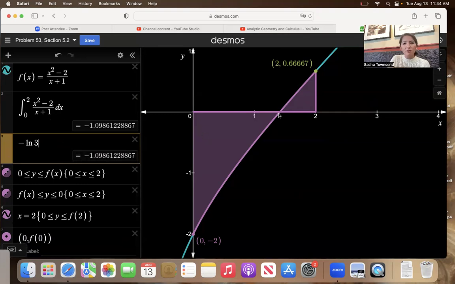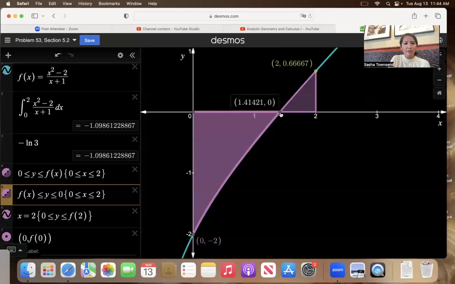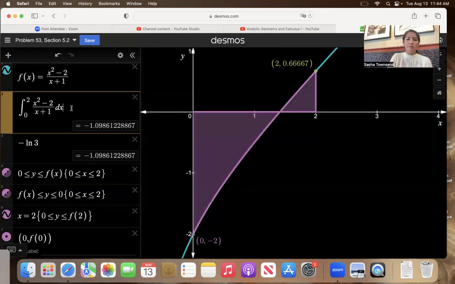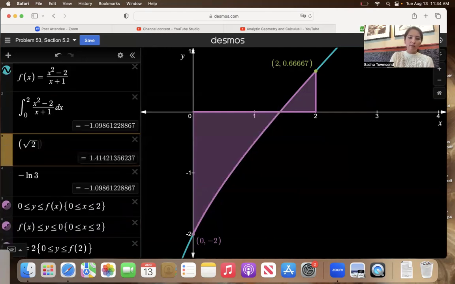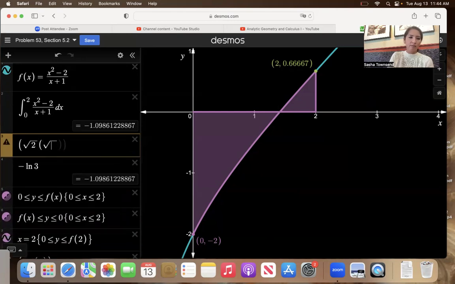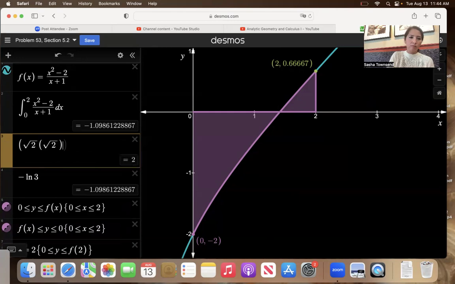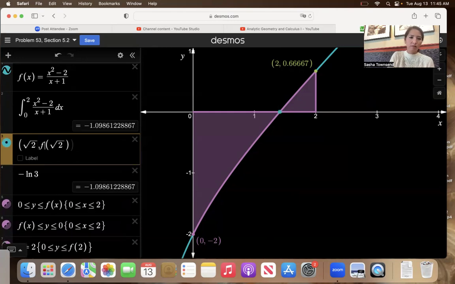Now, if we wanted to, we could find the zero of the function. We'd say that our function is equal to 0 when x equals positive square root of 2, because that numerator would be 0 when x equals square root of 2. So if we evaluate the function at square root of 2, this is what we get. We see that 0 there.